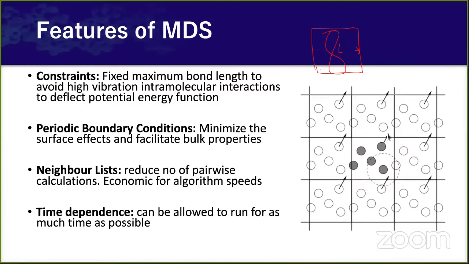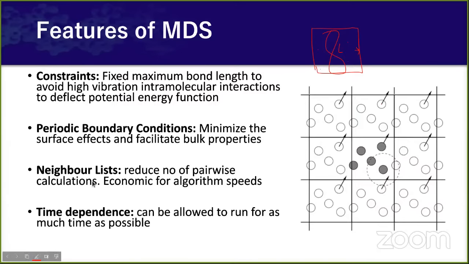When this atom moves out, exactly the same atom from every box is going to move out. This atom will move out of this box, come in from this side, and enter this box. This one will also move, and accordingly there will be a continuous flow of atoms without any surface effects or collisions with the wall. So for that matter, periodic boundary conditions are very important to be applied onto the system.